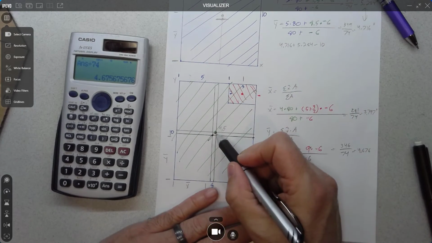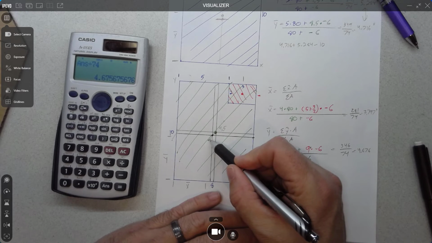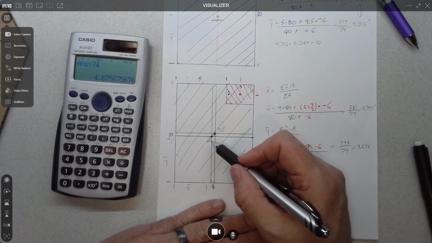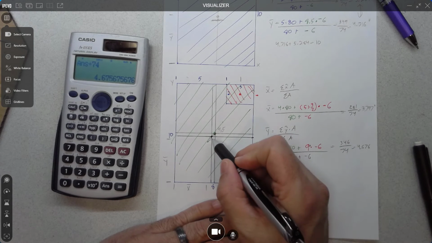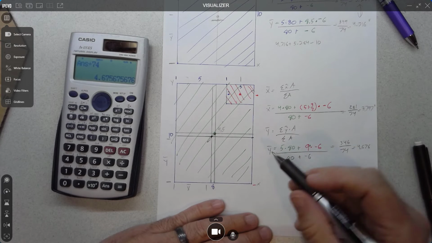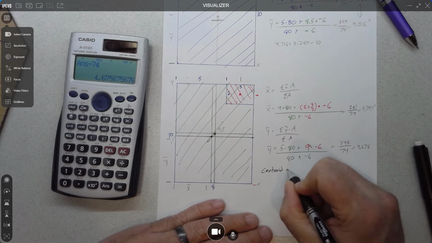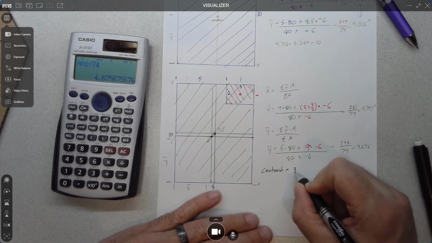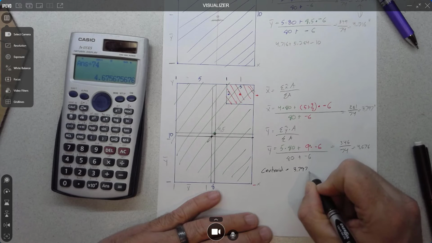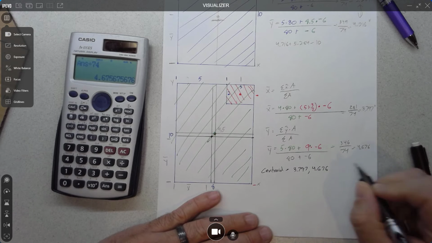And you can see it did move in the direction we thought. I had put my mark out there quite a bit too far as far as how much it shifted. But that's where our new centroid would be. So the centroid, in terms of x and y, is at 3.797 and y was 4.676.